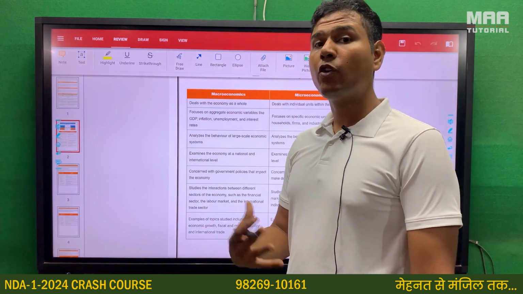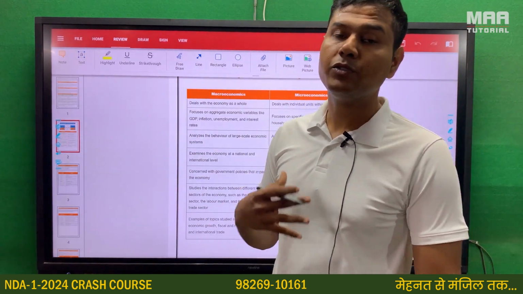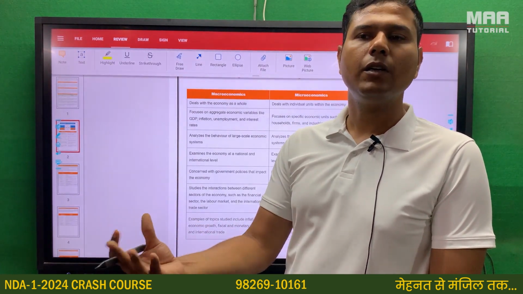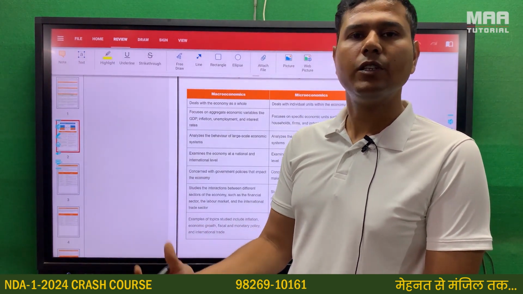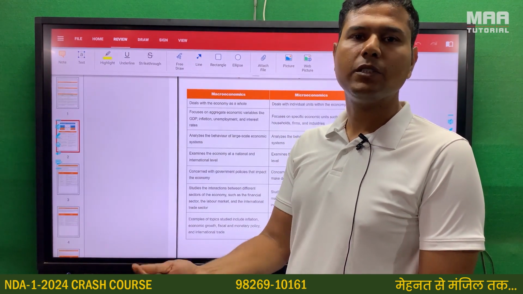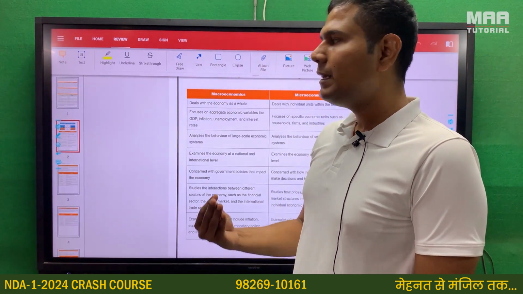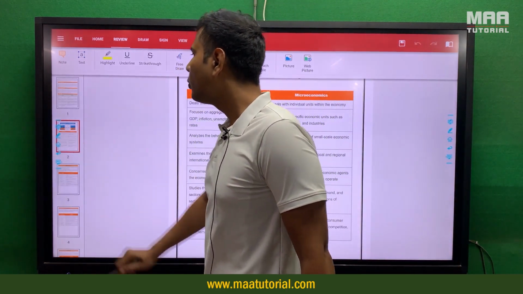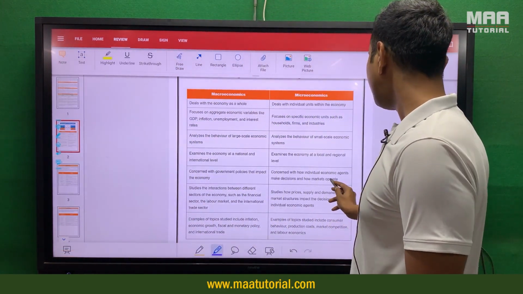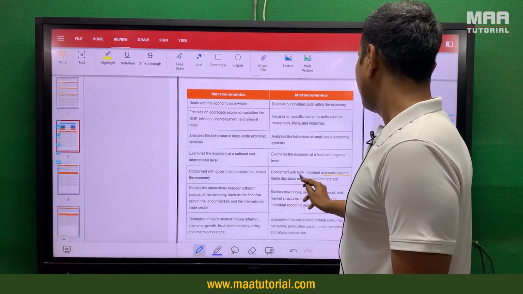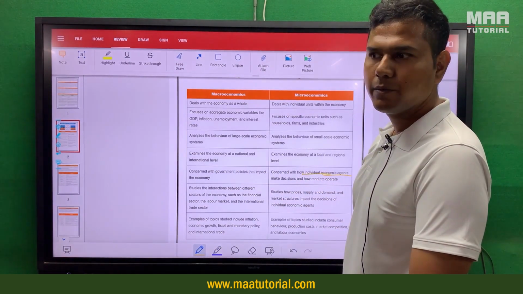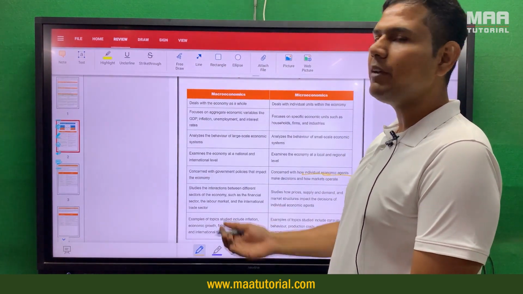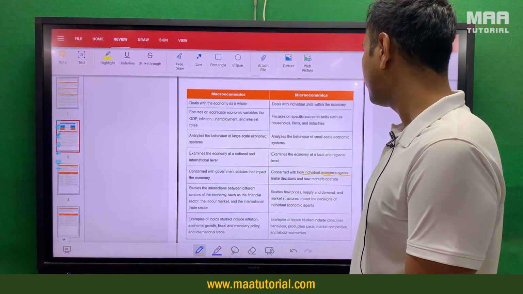Let's say I am from a region where people believe in a lot of savings, while there could be a different region wherein people believe that investing the money which you have is good for the economy, it's good for your personal growth. So these aspects are particularly dependent upon the local agents, right? Economic agents which are individualistic in nature, right? This would vary from region to region, and that's why we study it under microeconomics.